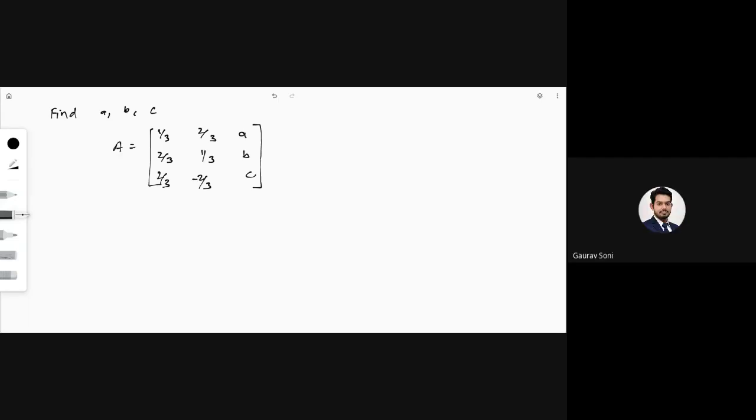Yes, you can speak, Saurabh. A equal to 2 by 3, B equal to 2 by 3, and C equal to 2 root 2 by 3. No. Sir, A equals to plus minus under root 2 by 3.